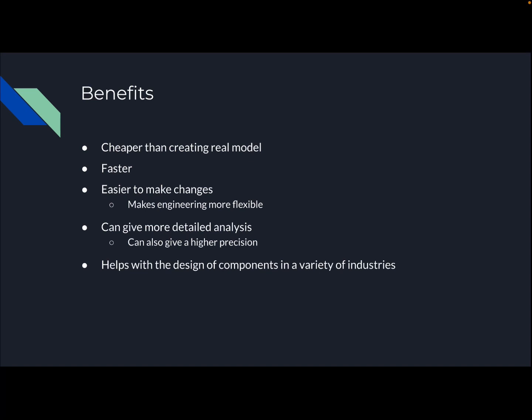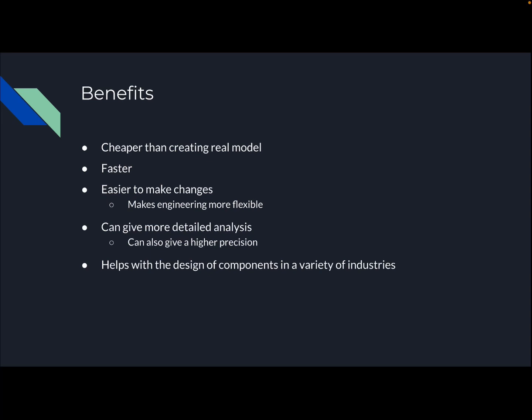And like I was mentioning, it makes those changes much easier and makes engineering more flexible in changing the design as well as the different conditions that the object may be in. It can also give you more detailed analysis because it's doing these animations and pressure and velocity and just different temperature contours and things like that frame by frame.